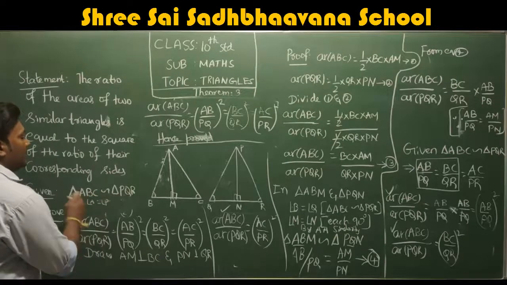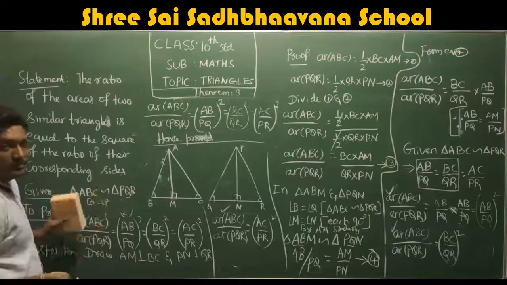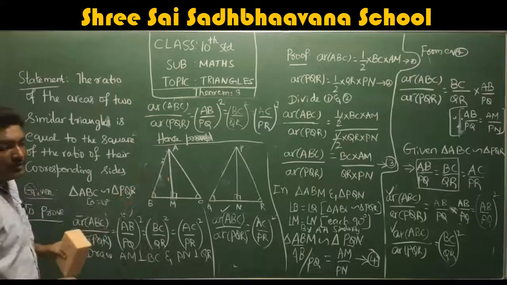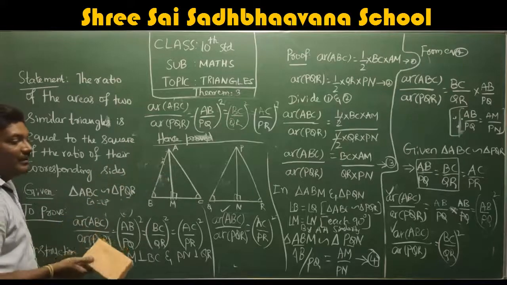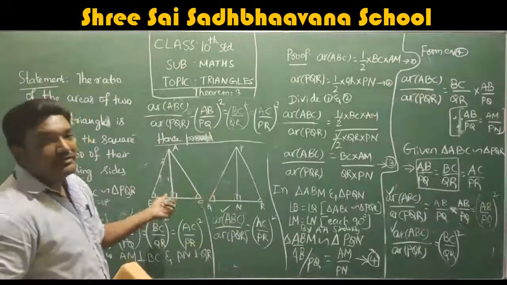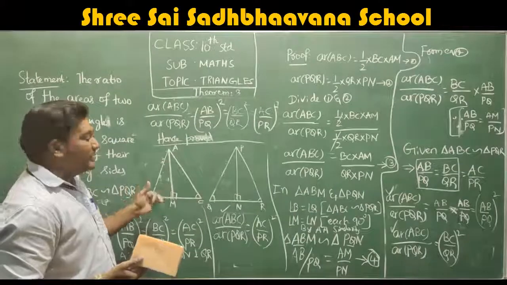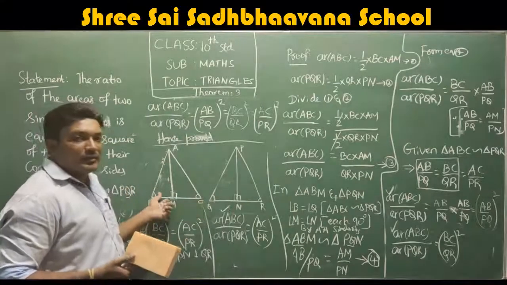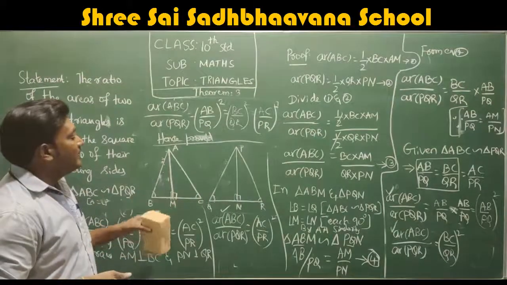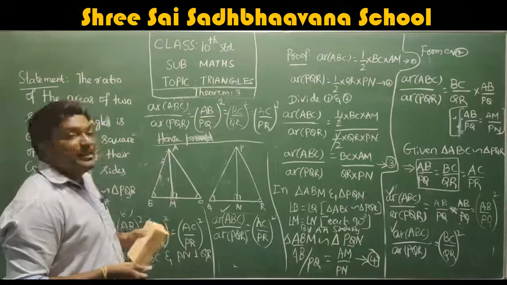They are similar triangles, so angle B is equal to angle Q. Also, angle M and angle N are equal because each makes 90 degrees. They are perpendicular. So by AA similarity, if any two angles are equal, we can say that triangle ABM and triangle PQN are similar to each other.